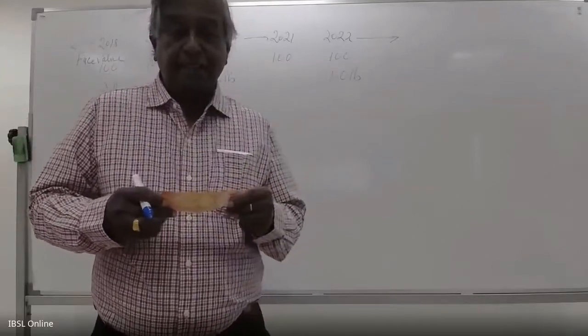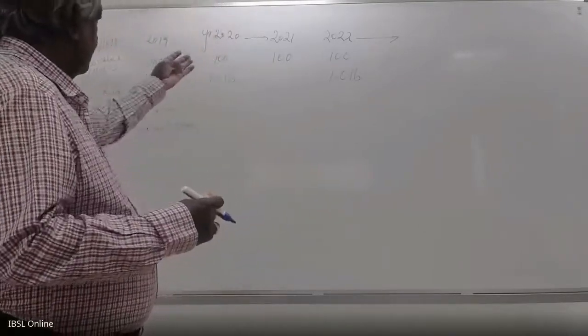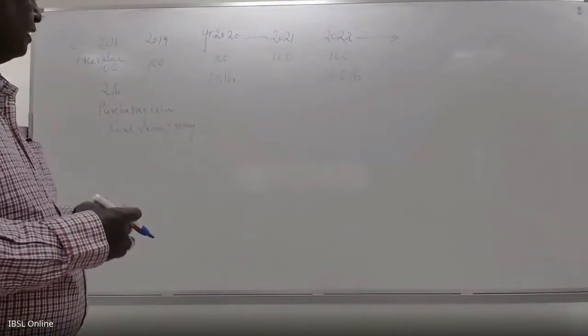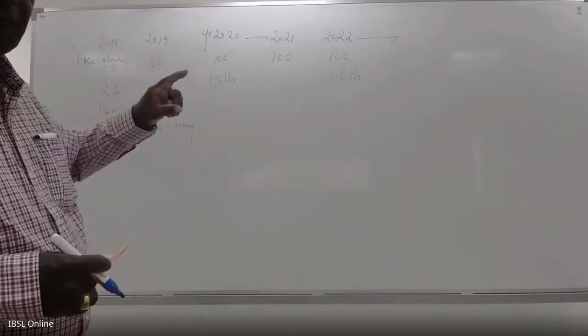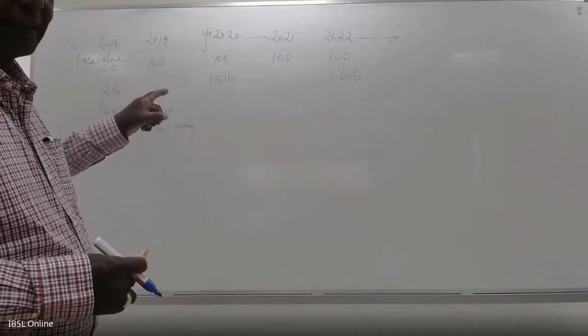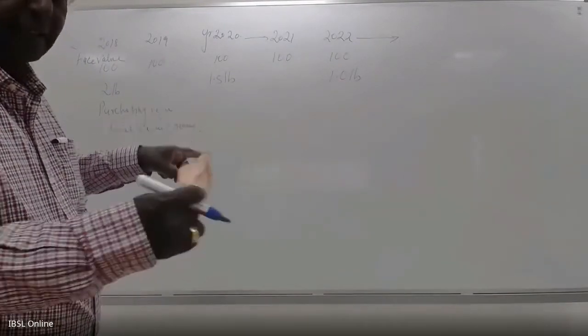Once again, by doing this analysis, there are two values for the money. One is the face value of the money. The other one is the real value or the purchasing value of the money.